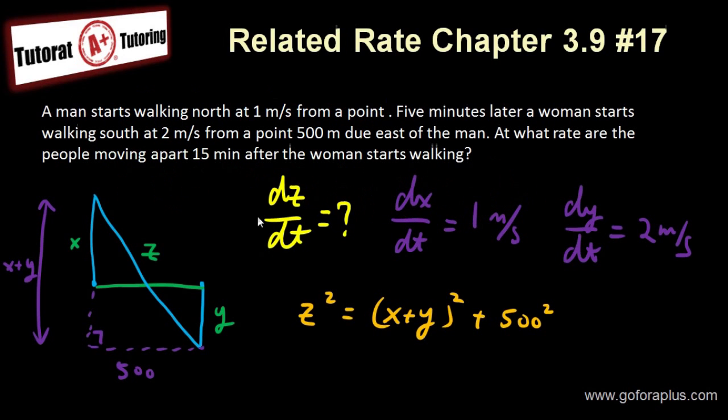Now going back to this picture here, I know the man already started walking right at the beginning. Only 5 minutes later, the woman starts walking. Now I want to find the rate at which the people are moving apart 15 minutes after the woman starts walking. So that means the man has been walking for 20 minutes.